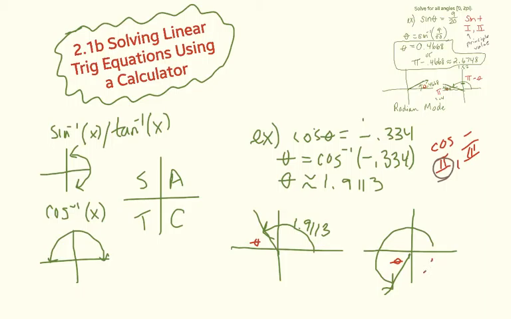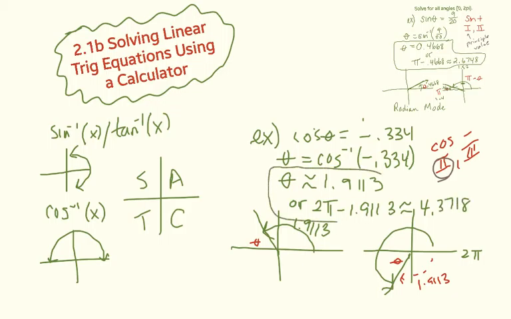So this angle right here would be 1.9113 as well. So our second answer would be that it's 1.9113 short of 2 pi, and that comes out to be roughly 4.3718 radians. So those are our two answers for that one cosine question.